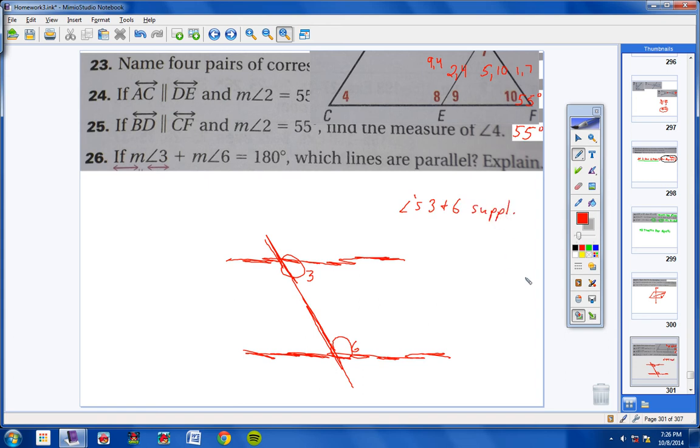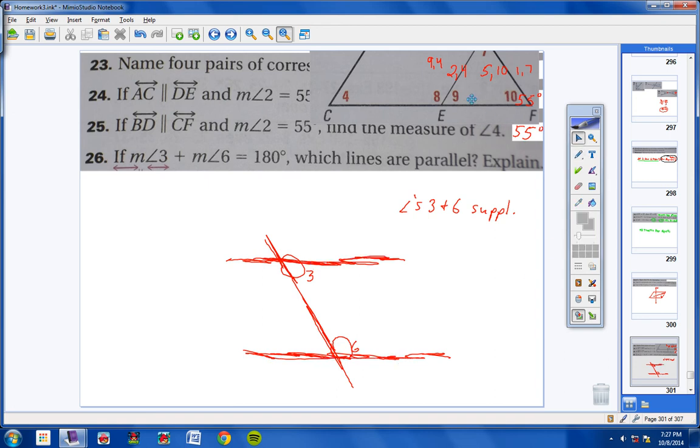Now, we had a theorem that said, listen to me guys, if two lines are cut by a transversal so that the consecutive interior angles are supplementary, then the lines are parallel. So, we know that 3 and 6 are consecutive interior angles. We know they're supplementary. So this line here is parallel to this line here.